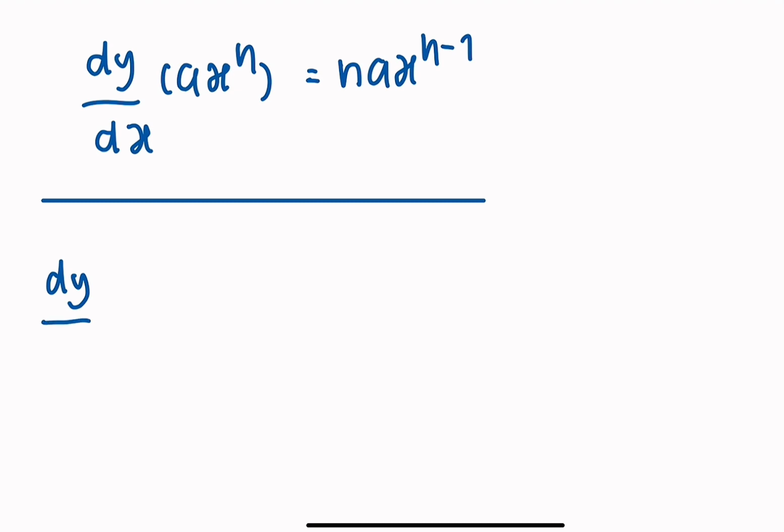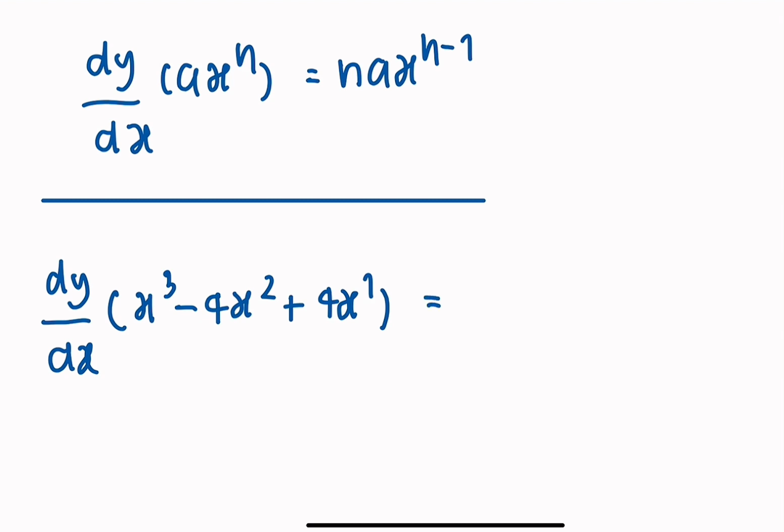Therefore, dy over dx of x cubed minus 4x squared plus 4x is equal to 3x squared minus 8x plus 4.